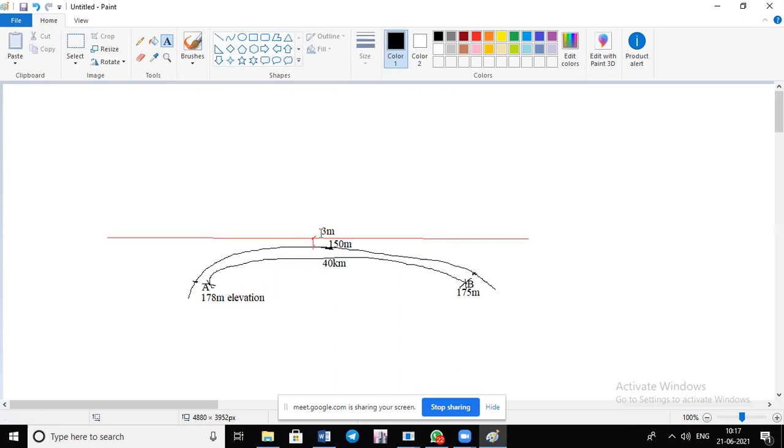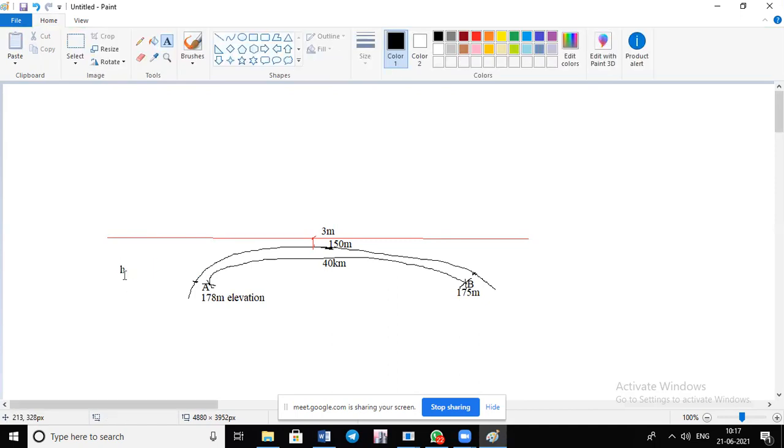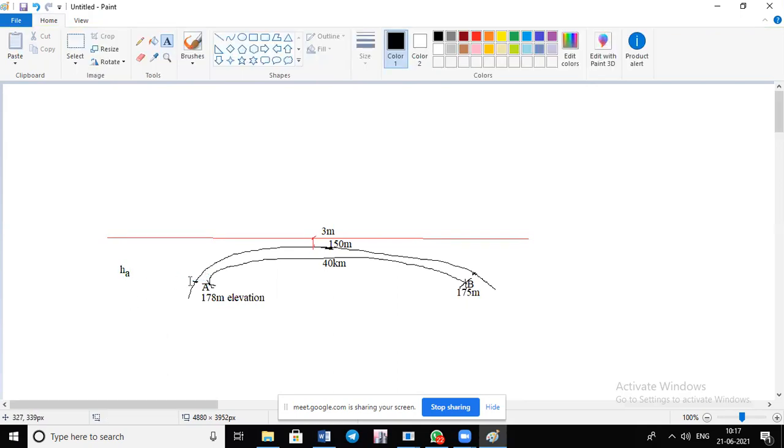So 178 minus this value will give us the value at A, which we will call small h A. That height we will calculate: the difference between 178 minus 150 plus 3. That will give us the value h A.